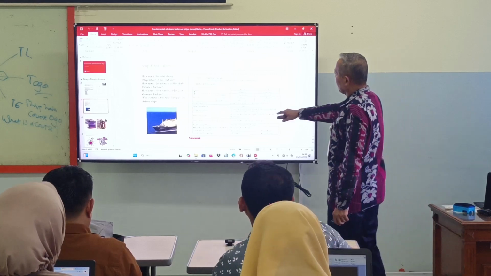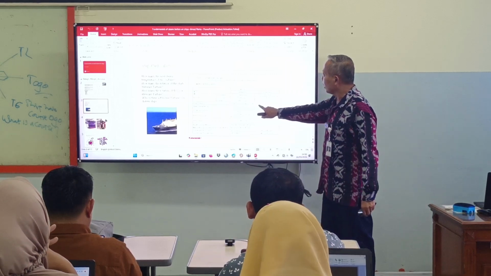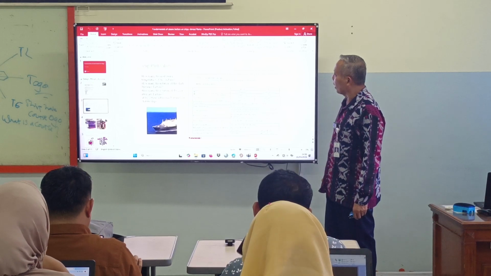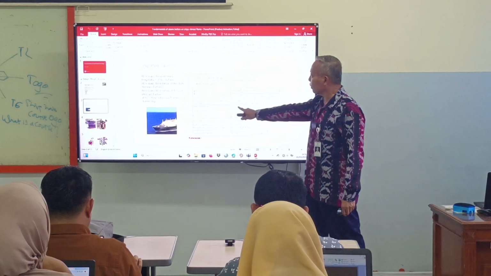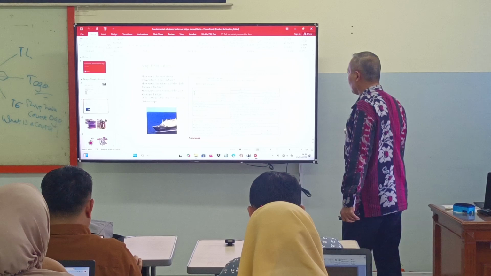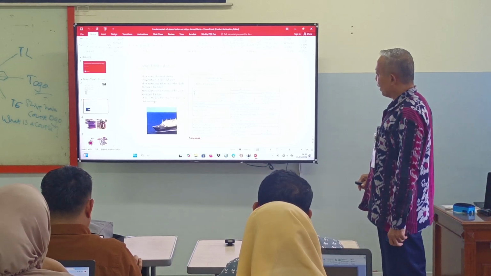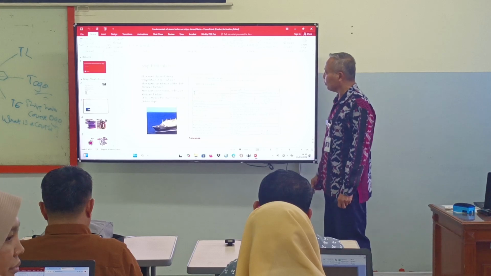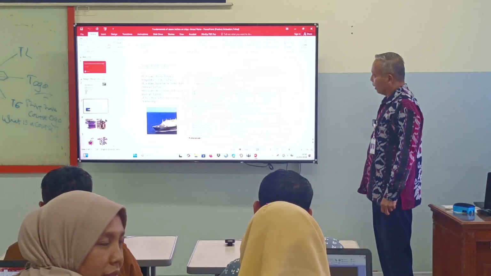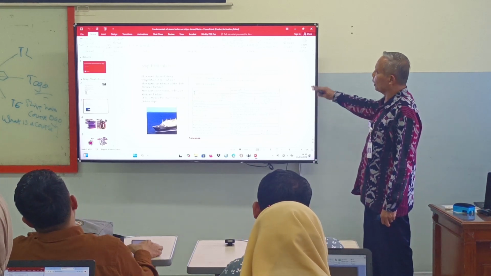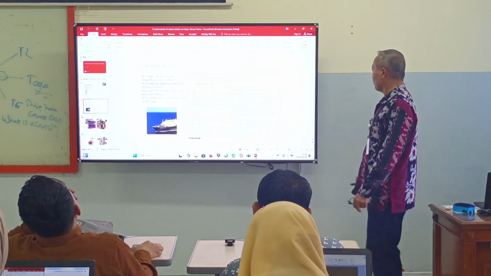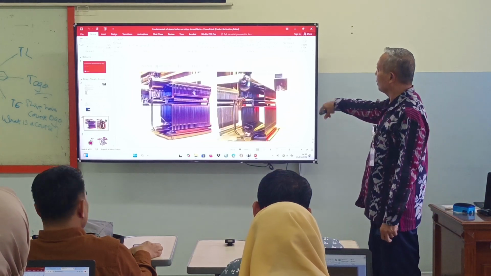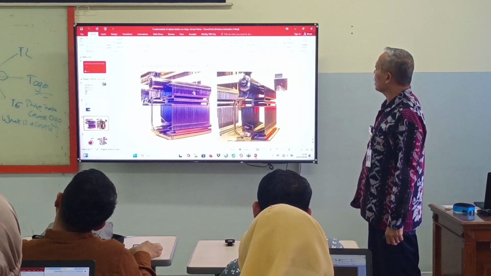The steam pressure is 58.x bar, and the steam temperature is 510 degrees Celsius. Okay, this is the ship particular of the ship.